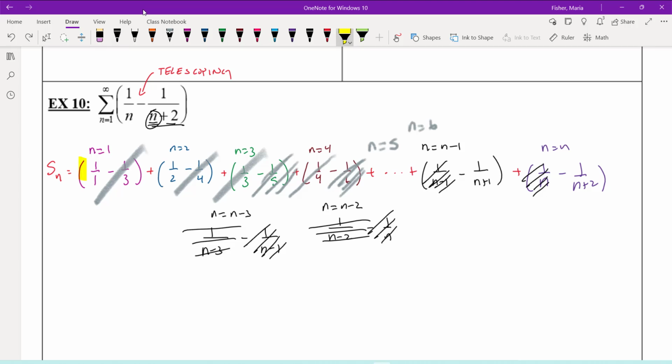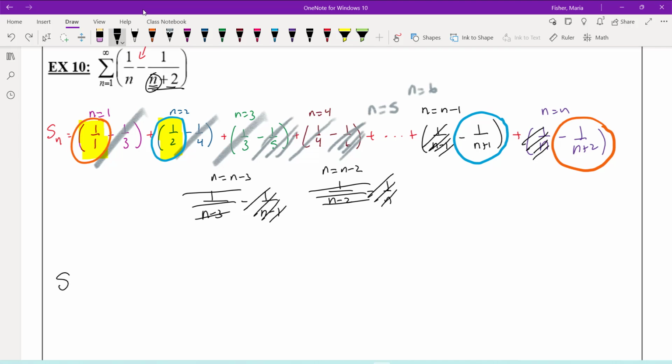Well, I never got rid of the first term in the first parentheses, or the first term in the second parentheses. So when you can't get rid of the first term in the first parentheses, you're always left with the last term in the last parentheses. When you can't get rid of the first term in the second parentheses, you're going to be left with the last term in the second to last parentheses. That is the pattern that it follows when you're finding that sequence of partial sums.